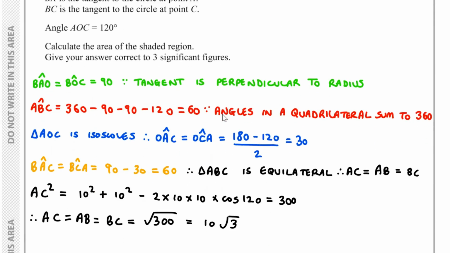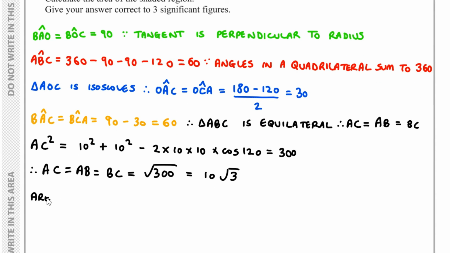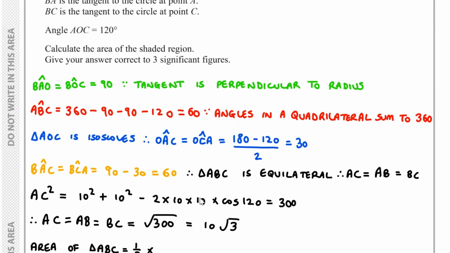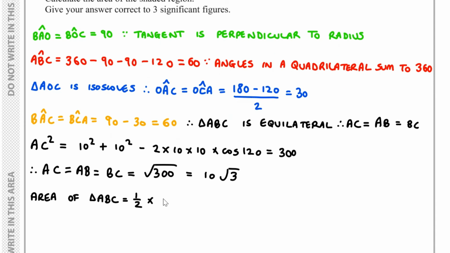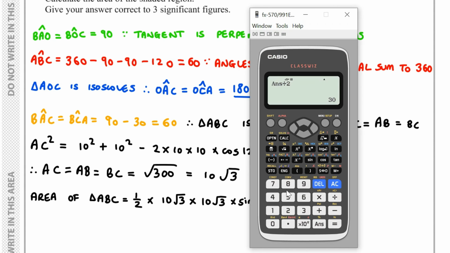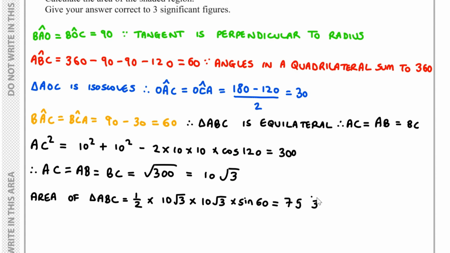So the area of triangle ABC, we've got 1/2 ab sine C, so a half times 10 root 3 times 10 root 3 times the sine of 60 degrees, which is 75 root 3.